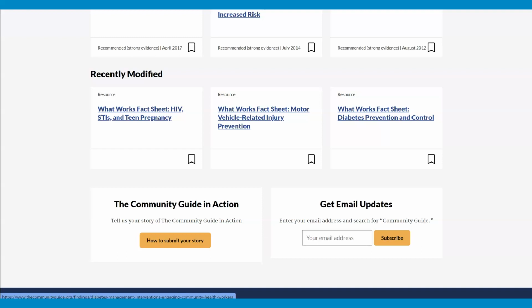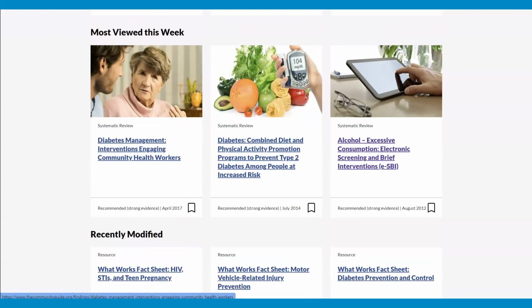Tell the Community Guide stories of action that you are actually engaged in. For instance, for diabetes, combining diet and physical activity promotion programs to prevent type 2 diabetes. There's so many programs out there. So report things that you're working on, interventions.